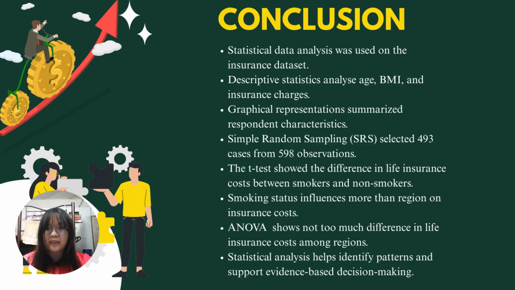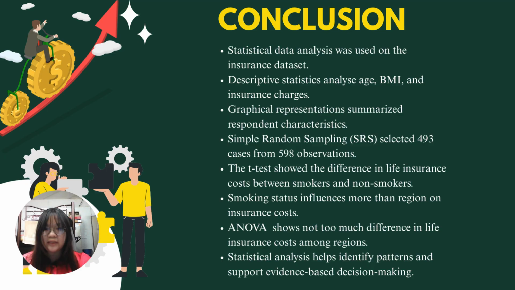A total of 493 cases were randomly selected from the first 598 observations. This ensured that each observation had an equal probability of being selected, which helped to reduce selection bias, providing a reliable sample for analysis. Through the descriptive analysis, we also obtained useful information about the distribution of age, BMI, and life insurance charges. Pie charts and histograms also provided a clearer visualization of respondent characteristics, and helped us better understand the dataset.